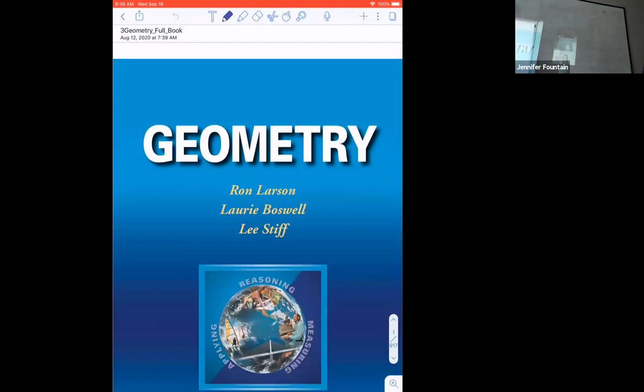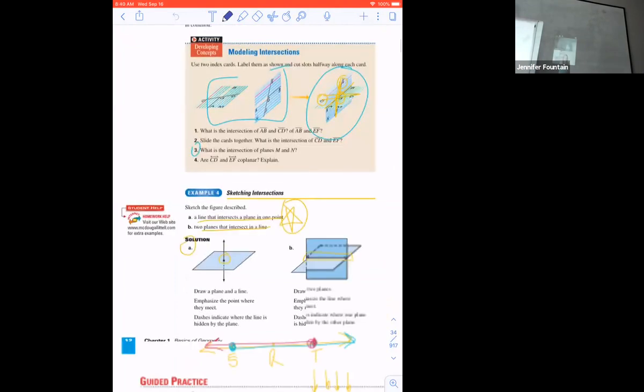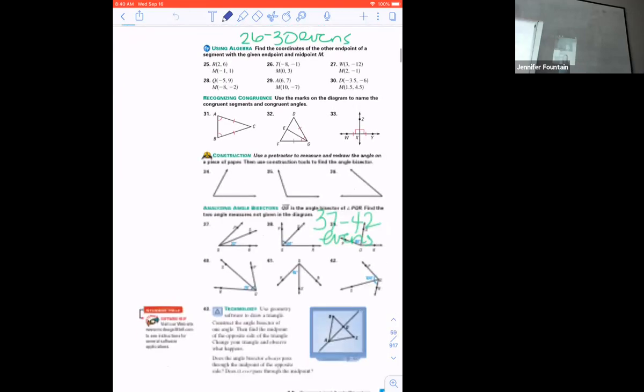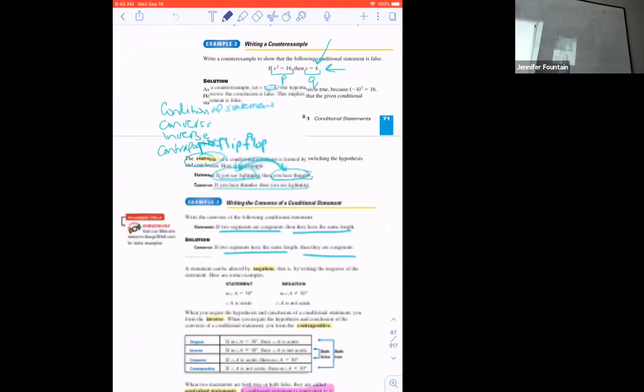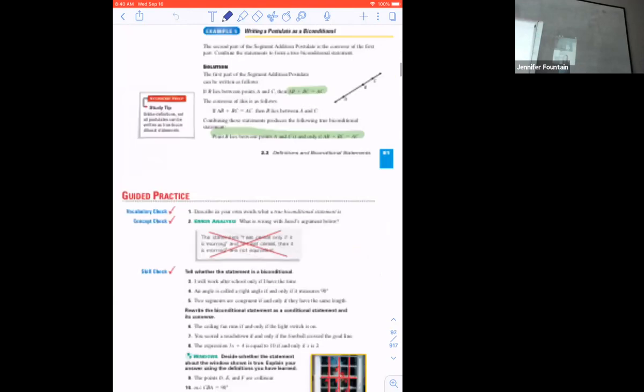Why did it open at the very beginning of the book? Let's see.